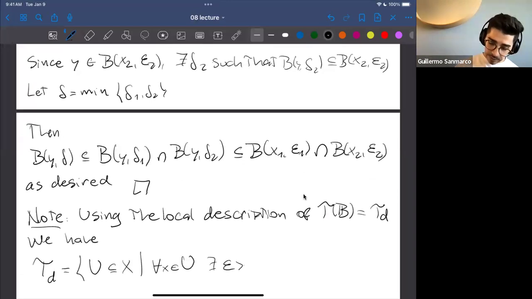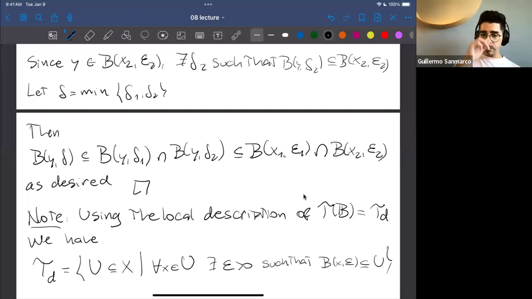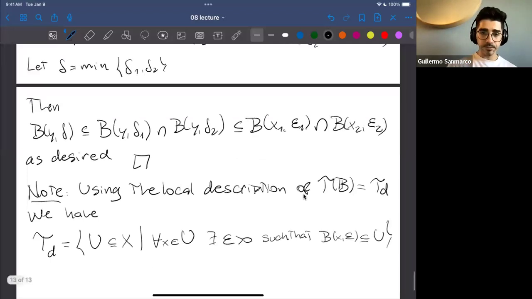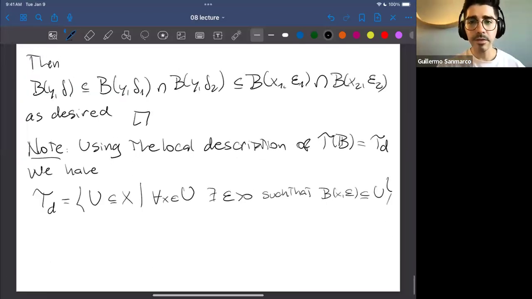So there's some epsilon such that not only x, but the entire ball B(x, epsilon) is inside your U. So this is the metric topology. And yeah, let's stop here.